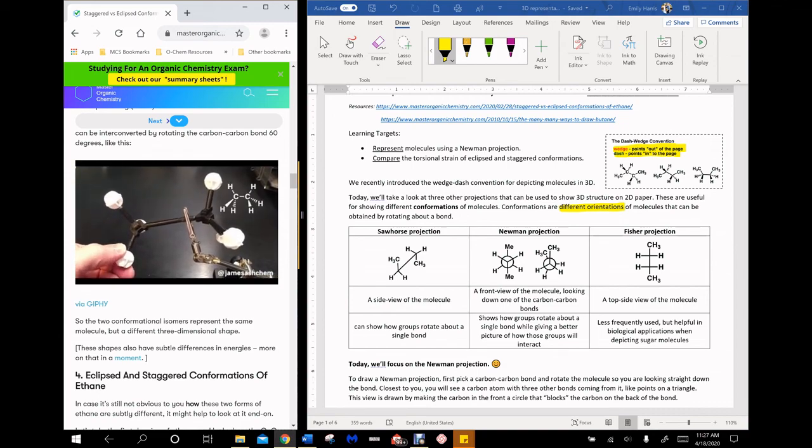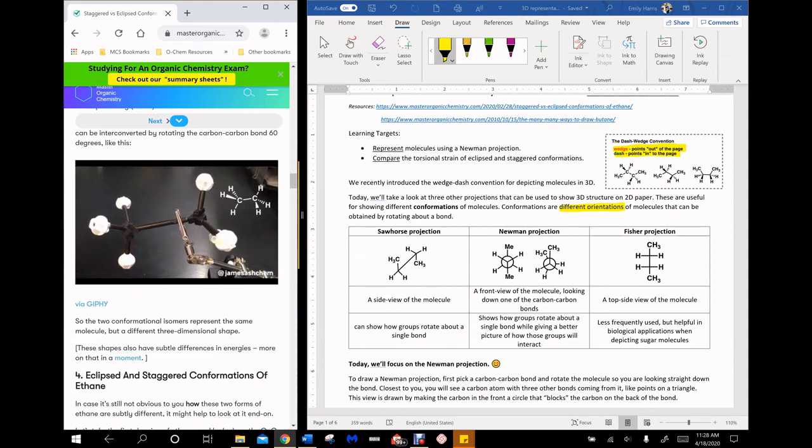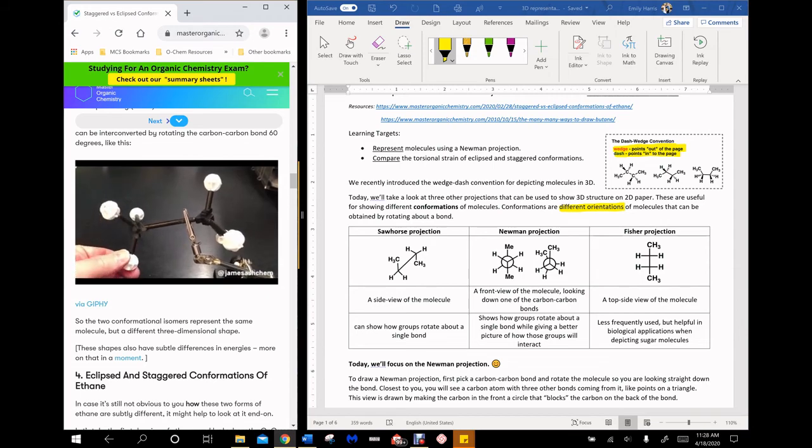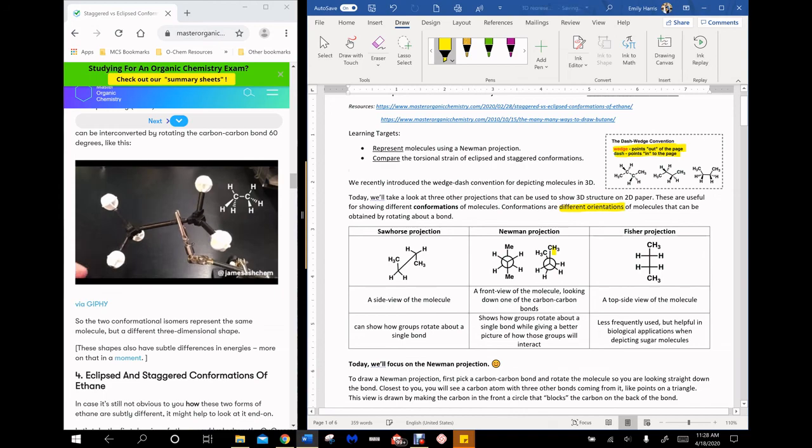The Newman projection, which is our focus today, gives you a front view of the molecule as if you're staring straight down one of the carbon-to-carbon bonds. It also shows, like a sawhorse, how the groups can rotate about a single bond, but it gives you a better picture of how those groups will interact with other groups that end up in the same areas.